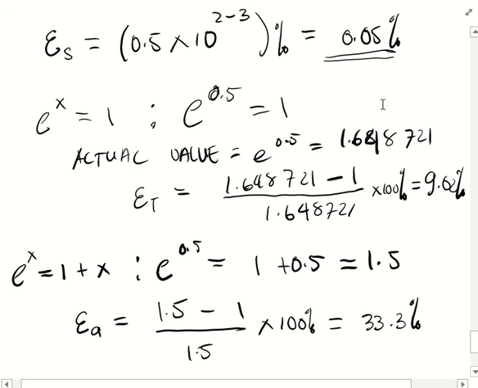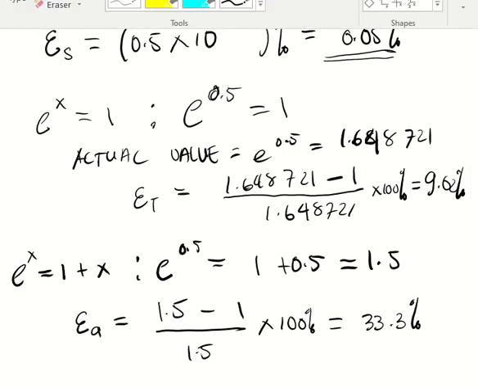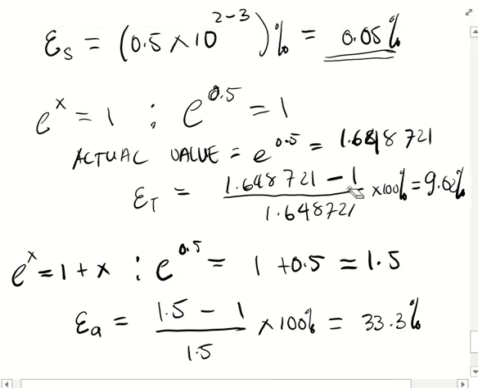And what's the true error? The true error is 9 point something, 9.02. Is it 9.02? Wait. It's not, this is wrong. It's not 9.02.